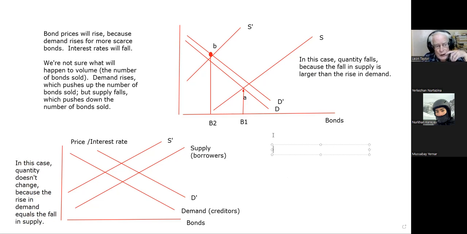There is a way that you can keep track of the changes in the market when both supply and demand are shifting. You can do this by drawing up a table, to get the impact on prices, interest rates, and quantity.